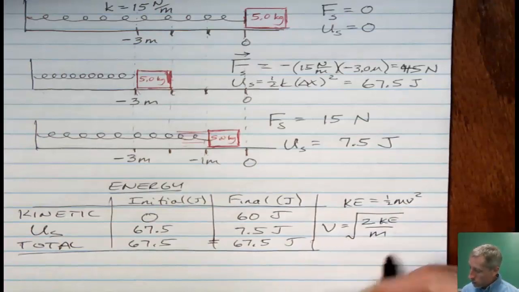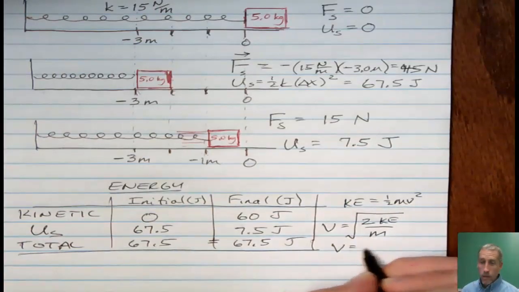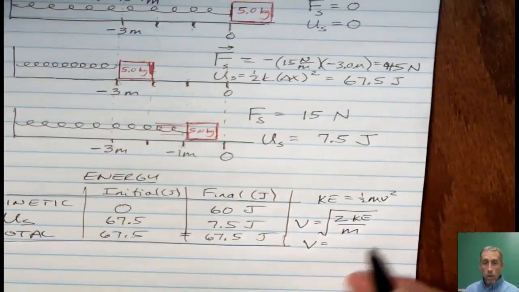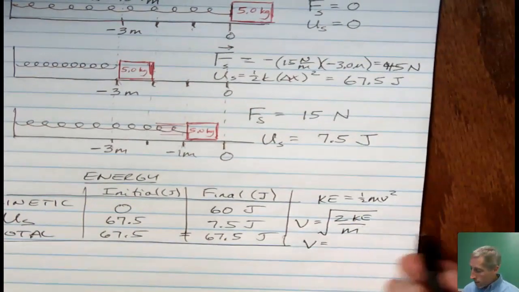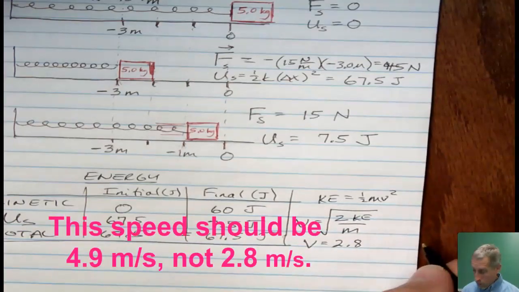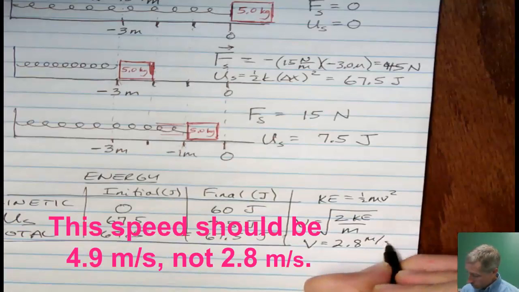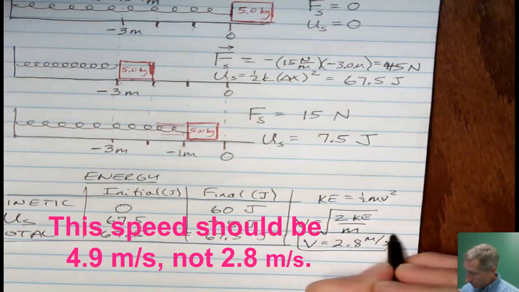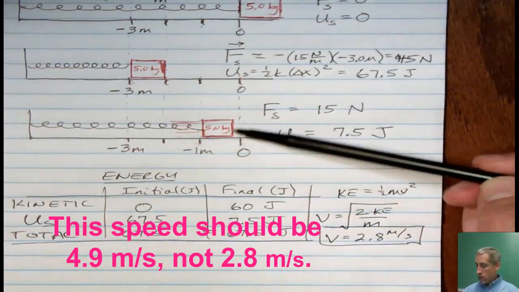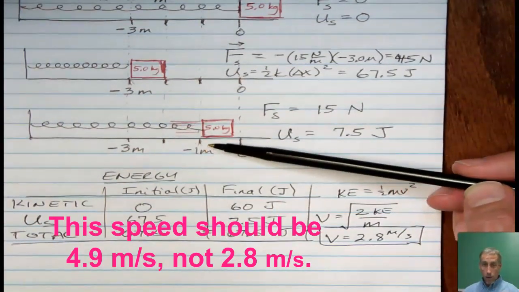I would think you as a student would be writing this out so we can see it clearly, showing the substituted numbers, etc. But you can trust that I've done this on another piece of paper. I get about 2.8 meters per second. And again, that would be the speed that it would have once it's gotten back to this position here, where its left edge is at -1.